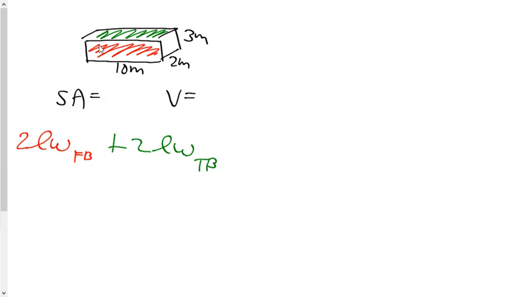Plus, we have a left and right, and there are 2 of them. So we use 2LH. And we know you don't need the FB, TB, and LR. That's just to help you remember that there are 6 total faces, or 3 pairs of faces, and that's the formula we can use. If I substitute my information, the front, the length is 10, and the width is 3.